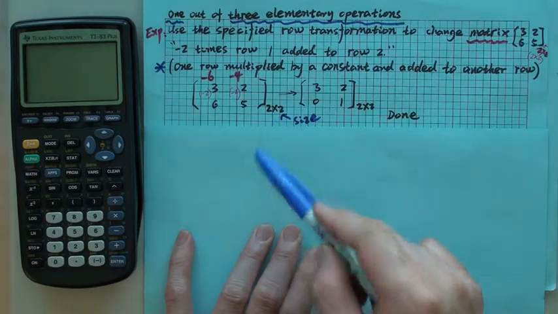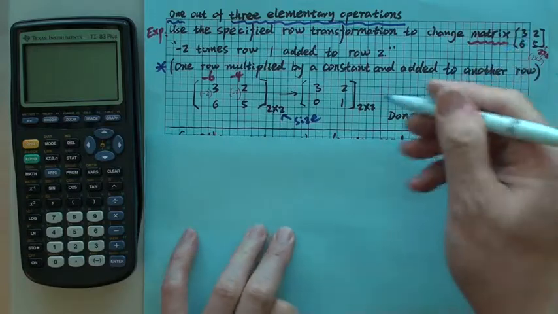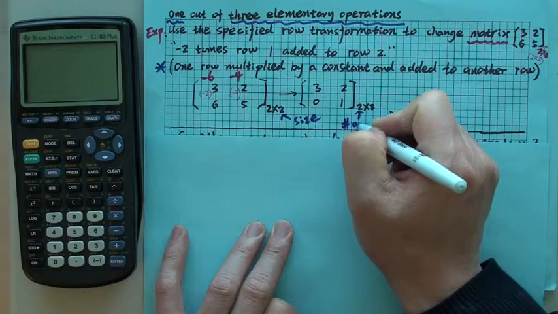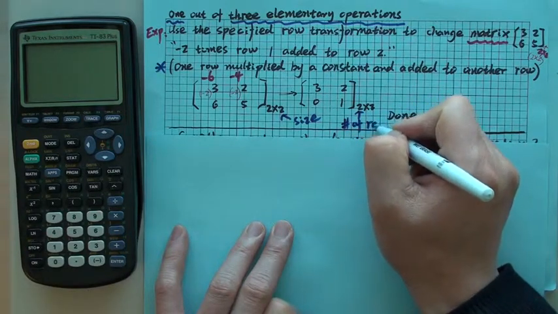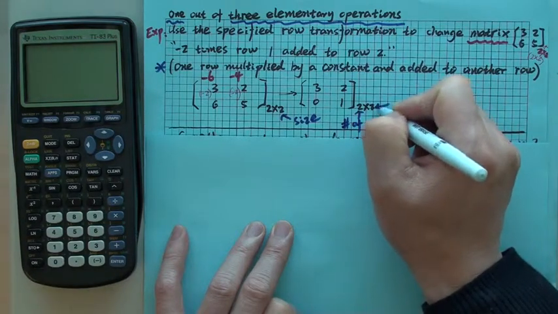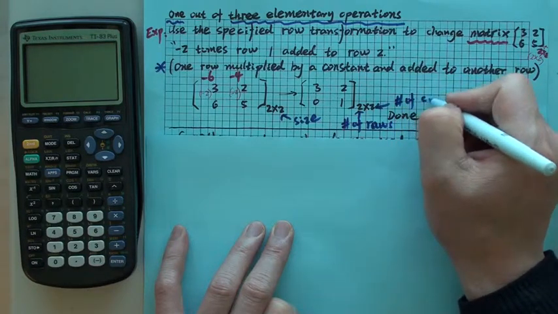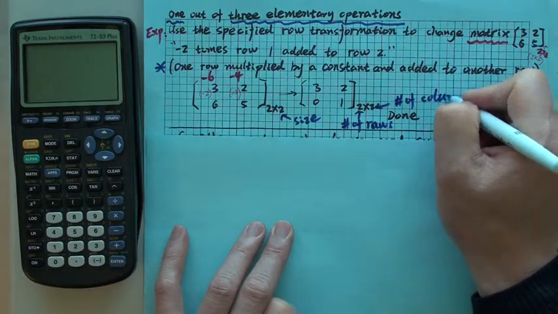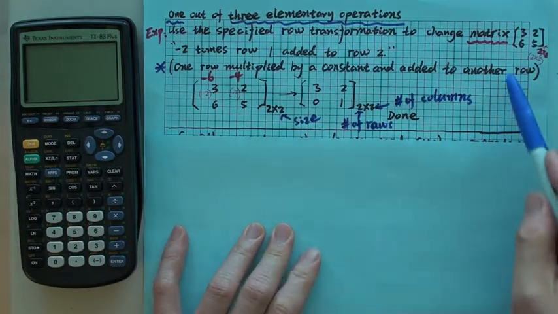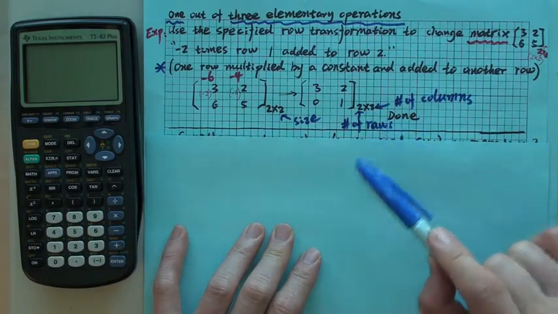The first number stands for the number of rows. If you want, you may write here that it is the number of rows. The second number is the number of columns. So you've got to understand the matrix, the number of columns, the number of rows.